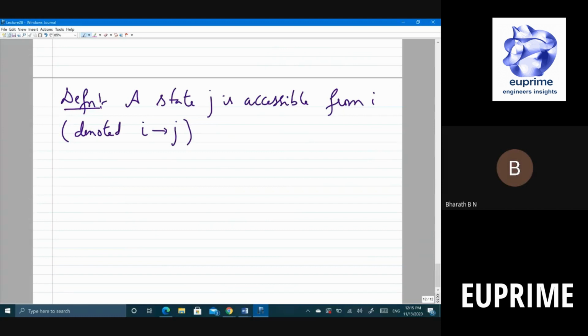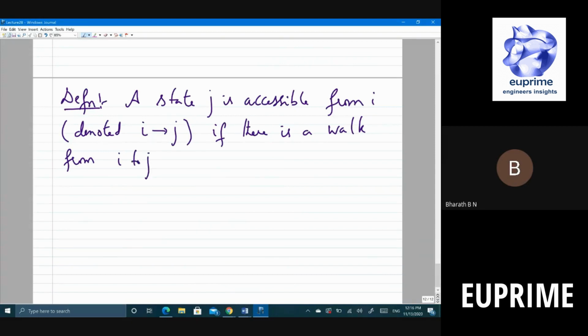If there is a path, or a walk, from I to J. What does this mean? Any idea?